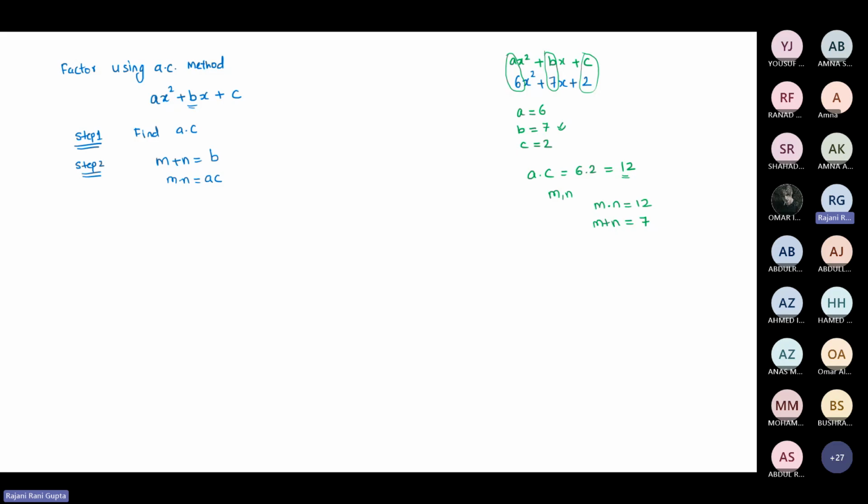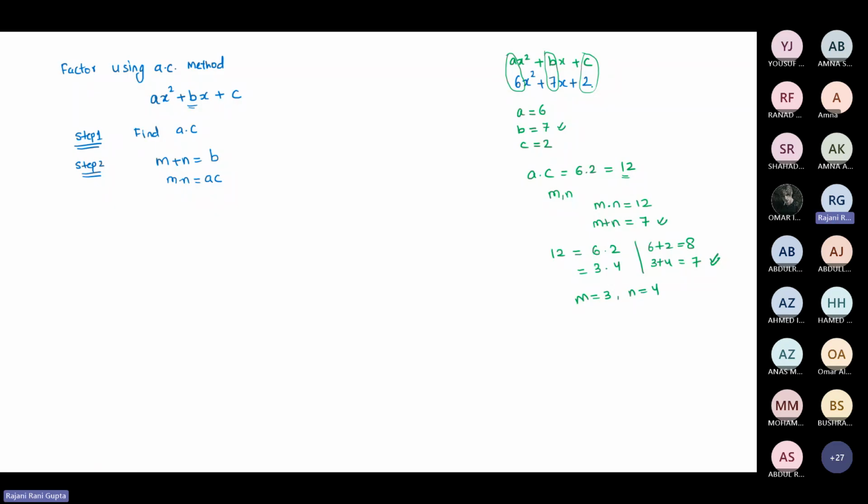That is equal to b. So can you tell me how I can write 12? Simply 6 times 2 or 3 times 4. So if I do 6 plus 2, I get 8. And if we add 3 and 4, we get 7. We need 7. So your m is 3, n is 4.